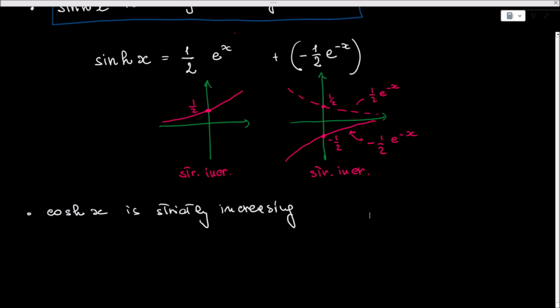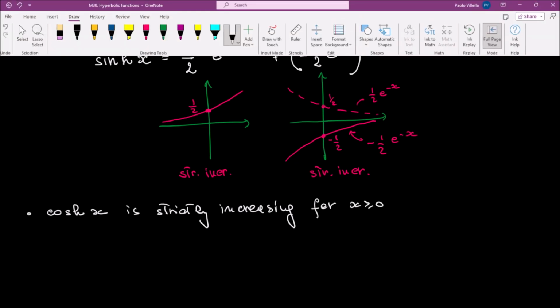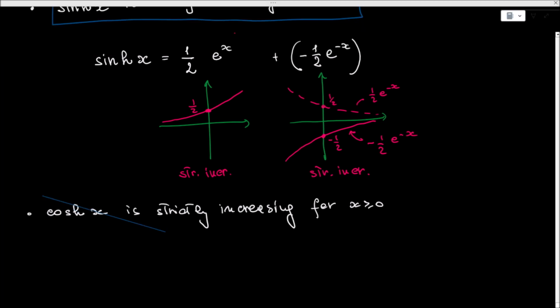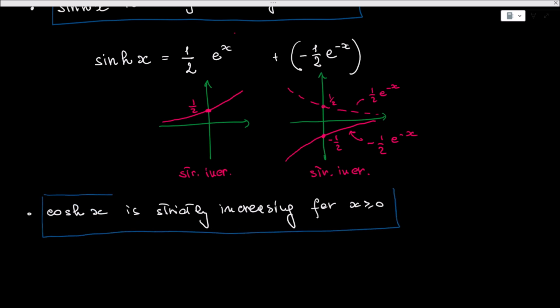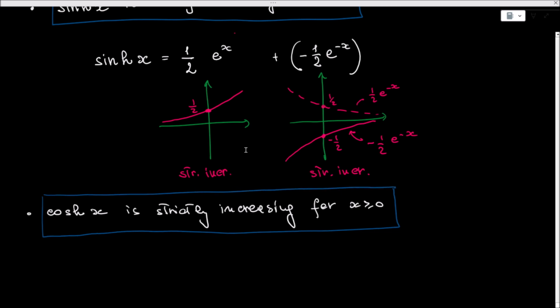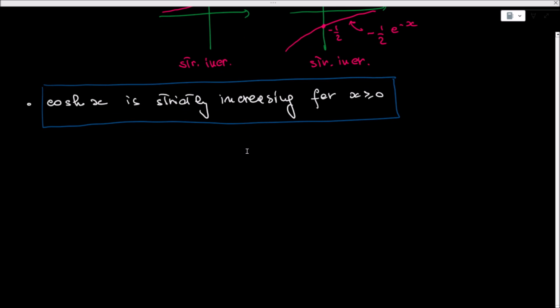This is true only for x larger than or equal to 0. Okay, and I will prove this now. Well, the proof of this is a little bit more involved. So let me give the proof of this fact. Okay, now proof.